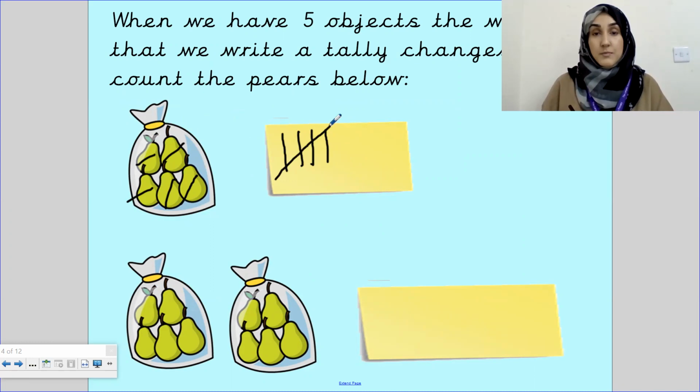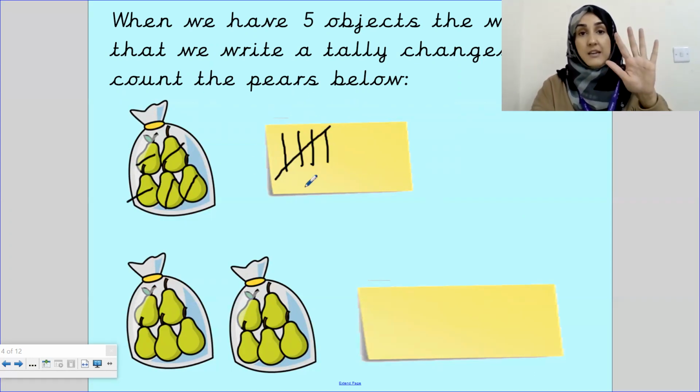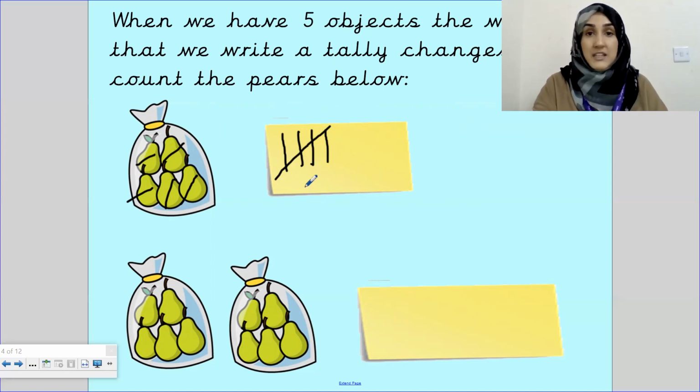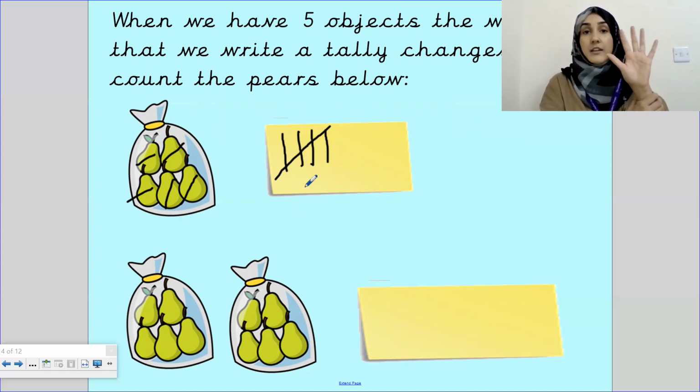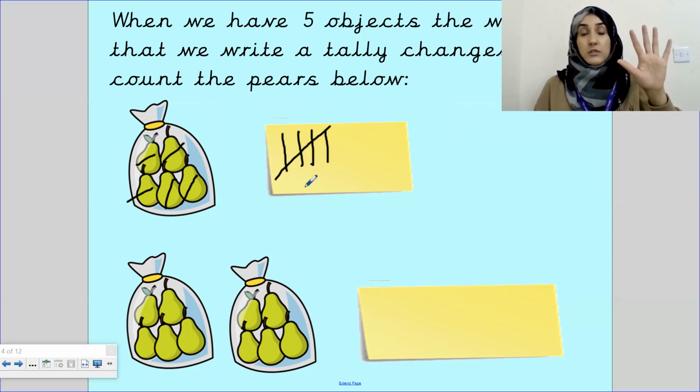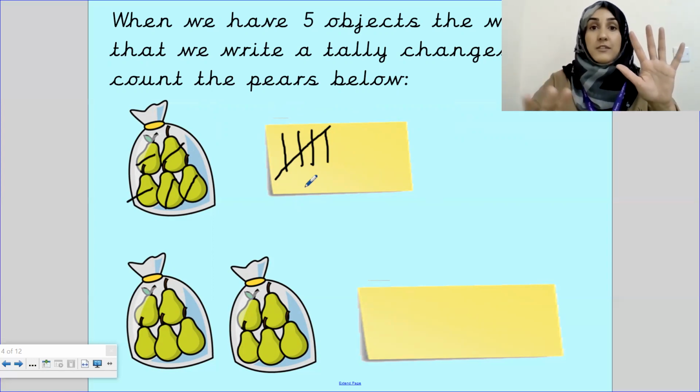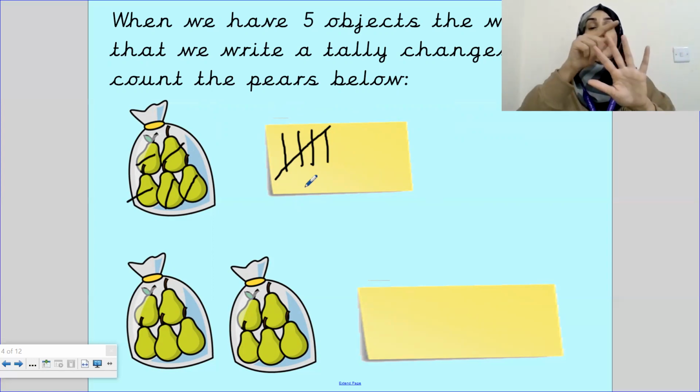Now that shows me, when I see this, that there are 5 in this one. So I don't need to count them. If I hold up 5 fingers on my hand, I know that I have 5 fingers. So if I hold this up, I don't need to say, Morris class, how many fingers do I have? You're not going to say, let me pause the video here, let me count 1, 2, 3, 4, 5.